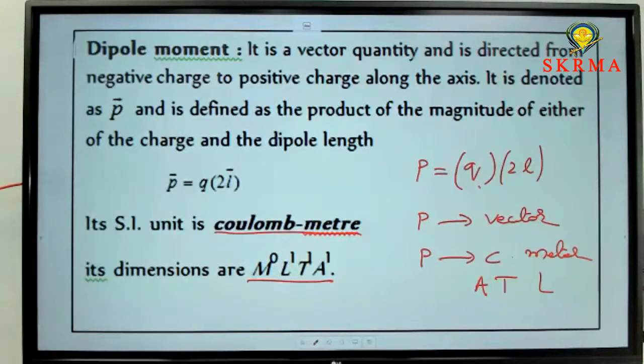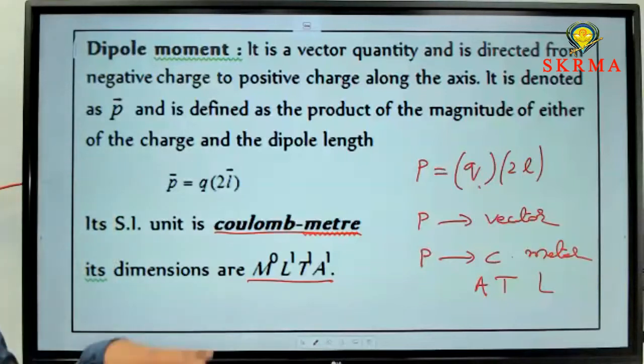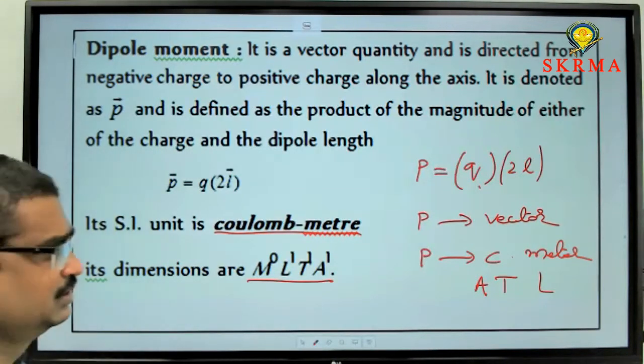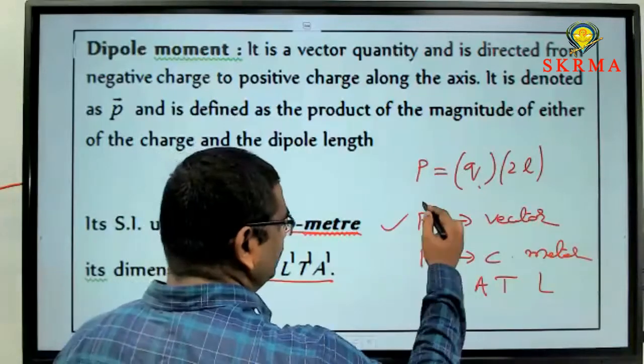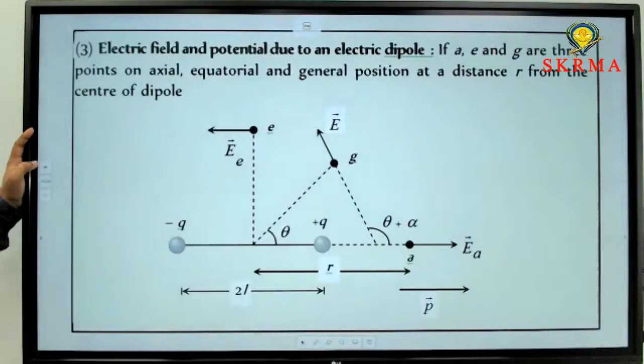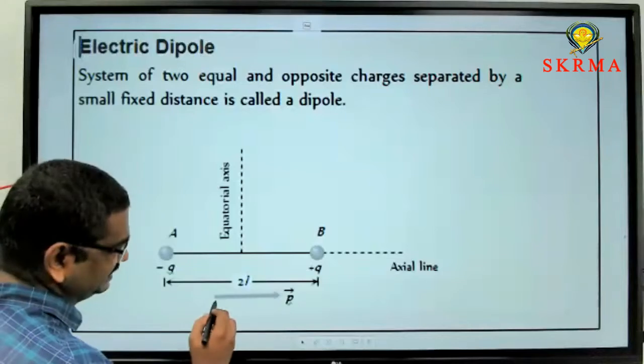Now, I am saying that dipole moment is a vector. What is the direction of dipole moment? Check this diagram. Here, the dipole moment direction is like this.